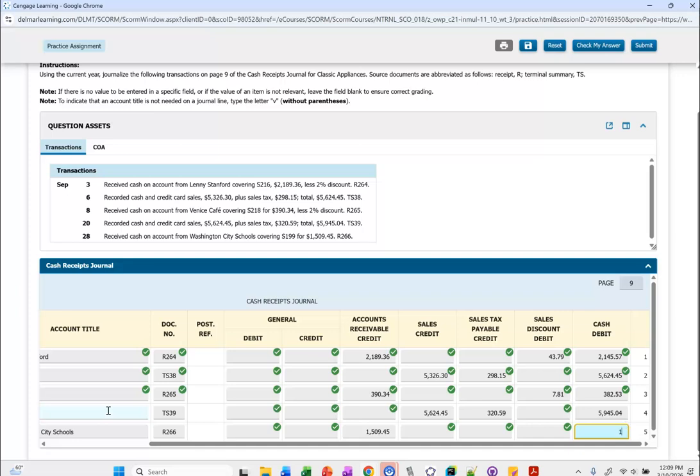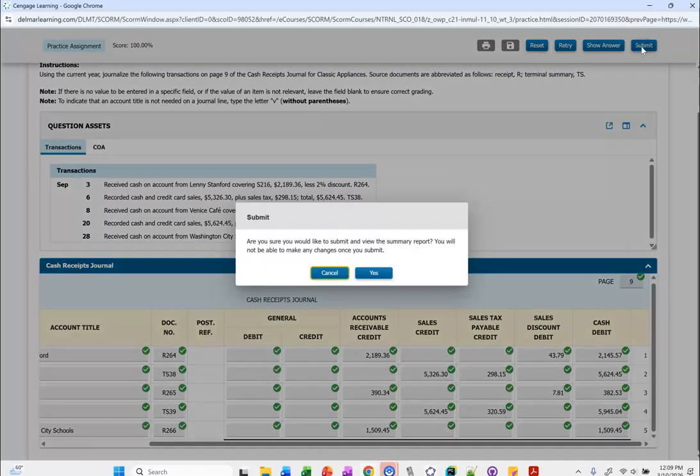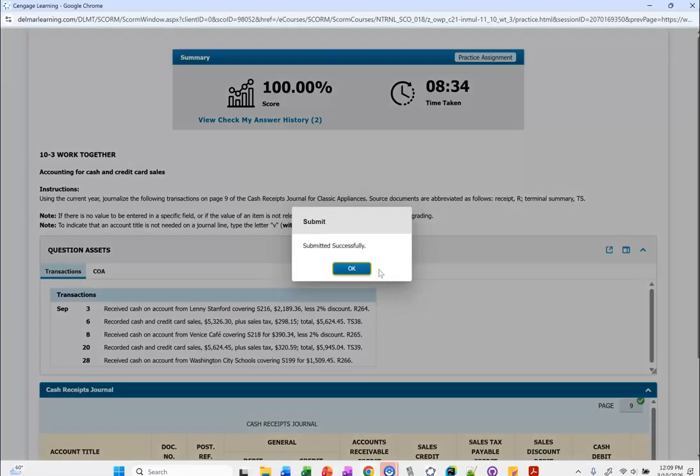So that just is the amount there. And that should do her. So I'll submit. That's all she wrote.